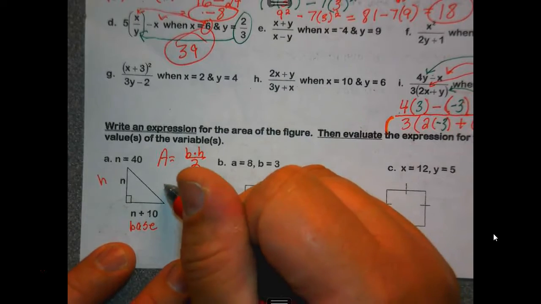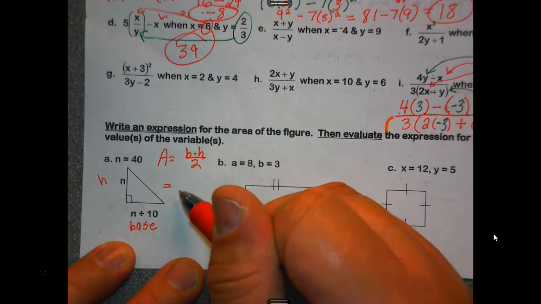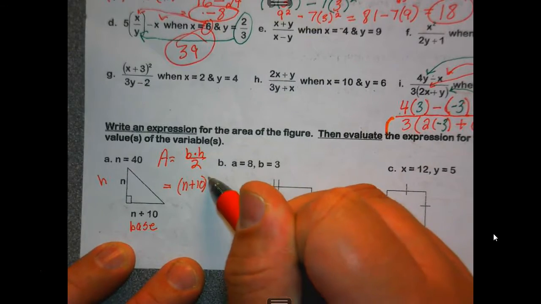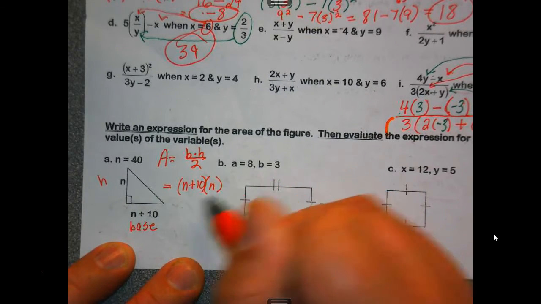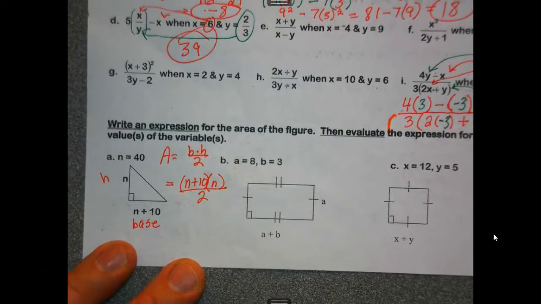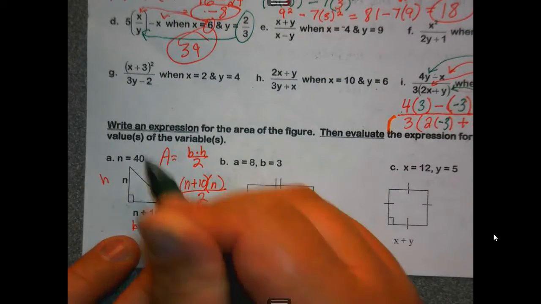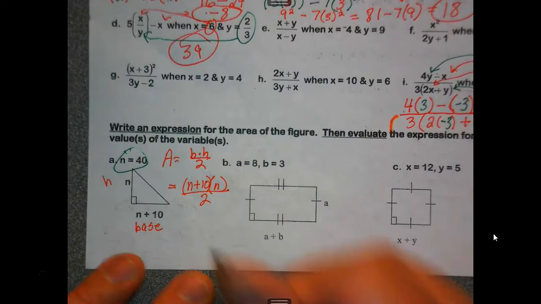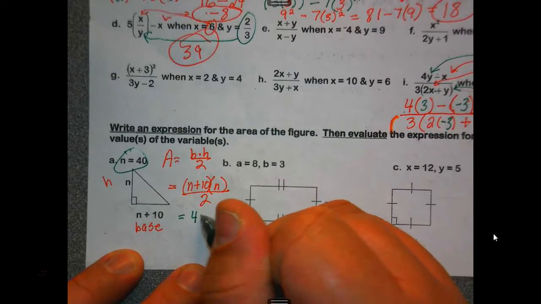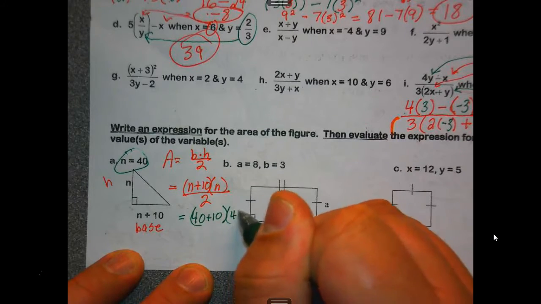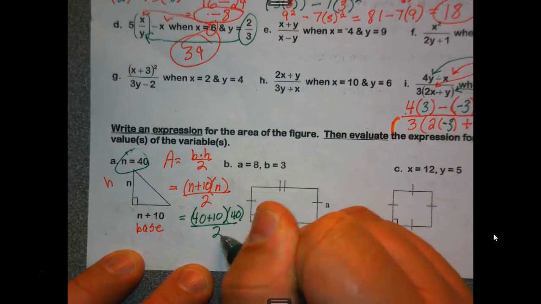So let's plug them in. Base is N plus 10. My height is N, all divided by 2. So there's part 1. Part 2 is going to say evaluate it when N equals 40. N equals 40. I have 40 plus 10 times 40, all divided by 2.